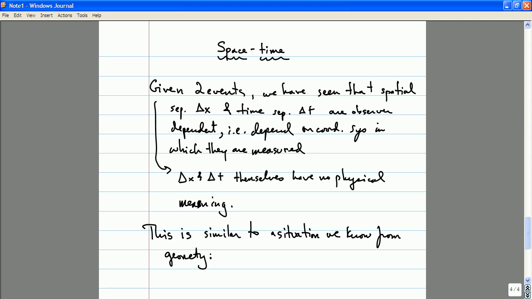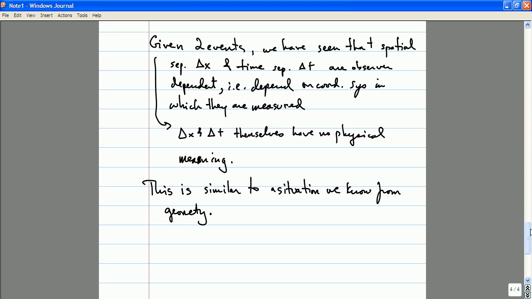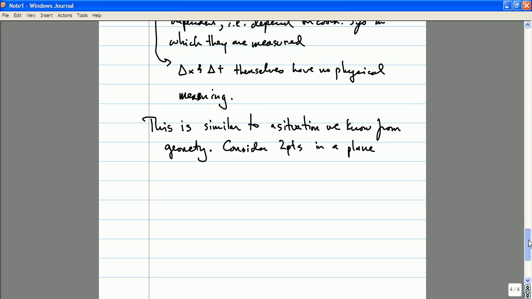So instead of considering two events that take place at a position and a time, consider 2 points in the plane. And let's say that I have 1 point here and 1 point there.